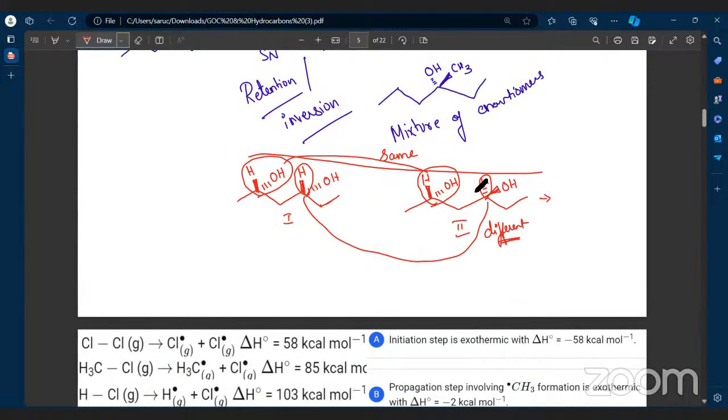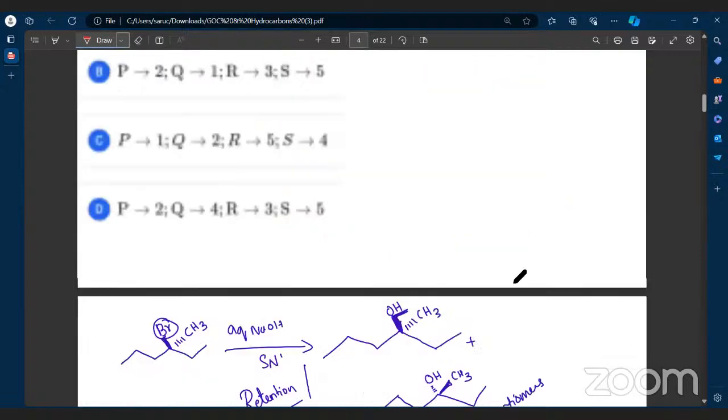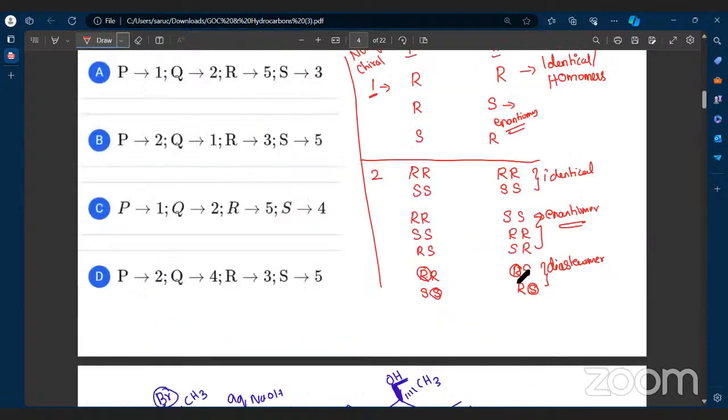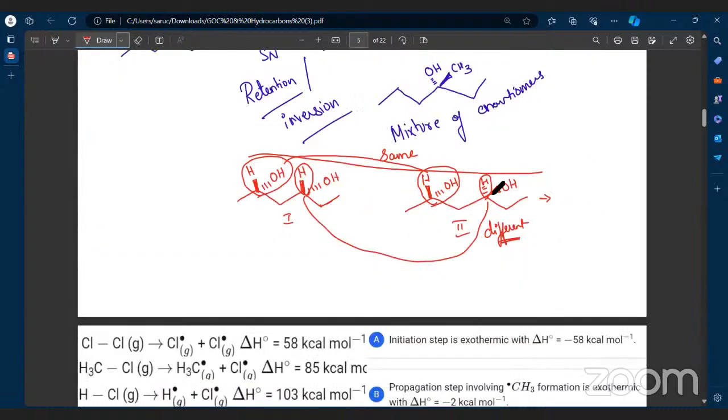Just look over here. If one is the same and the other one is different, they are diastereomers. So one is the same, the other chiral carbon configuration is different. Therefore, they are diastereomers.